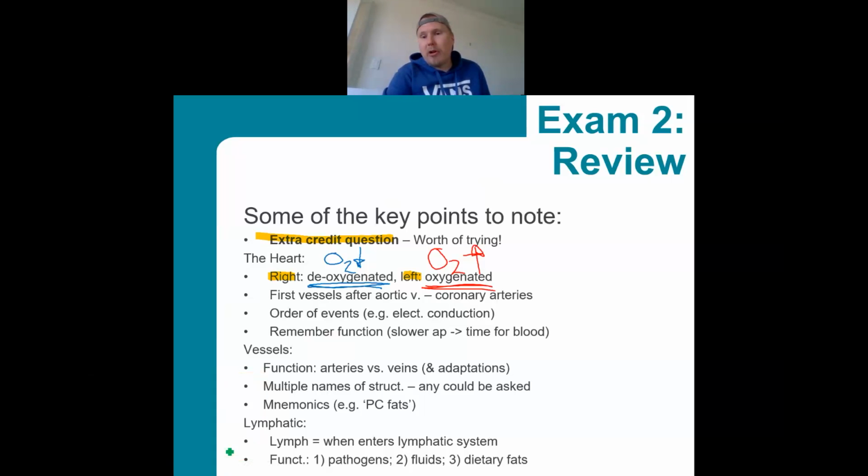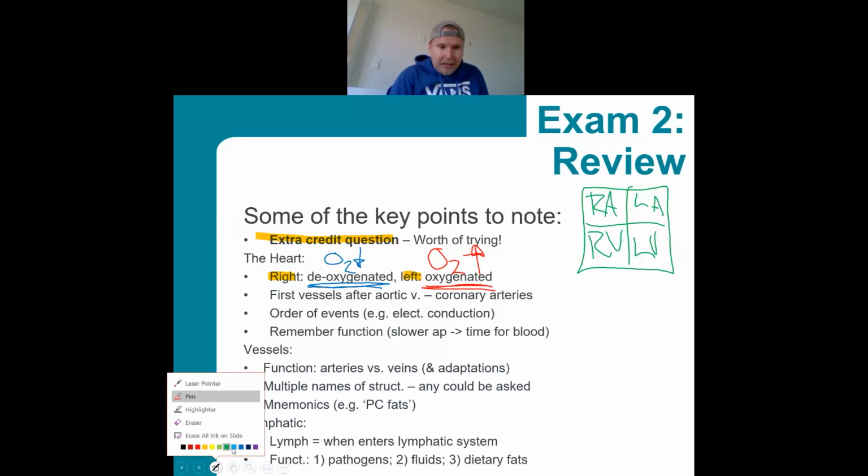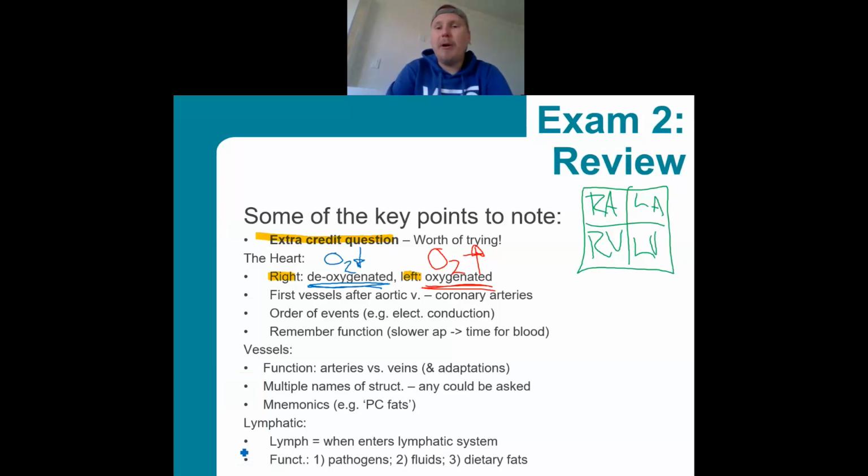If we want to draw the heart here, remember again our right atria, right ventricle, left atria, left ventricle. To the right atria, we collect the blood from the body through the superior vena cava and inferior vena cava. And this blood is going to be deoxygenated.